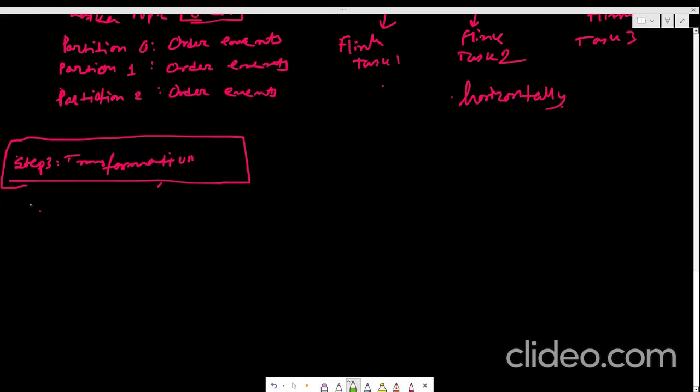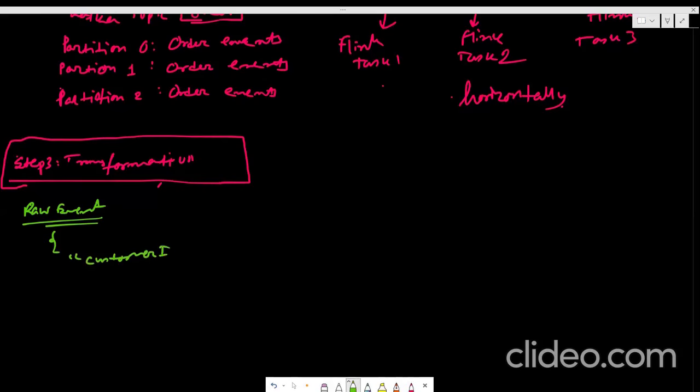Otherwise, it will look like the same thing. Now see, suppose there is some raw event. Just understand the structure like that. There is some customer ID, and the customer ID is like C101.